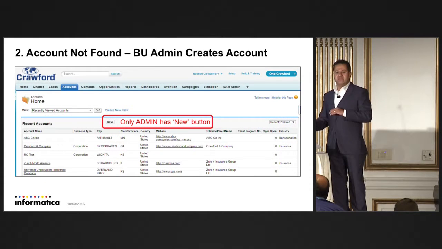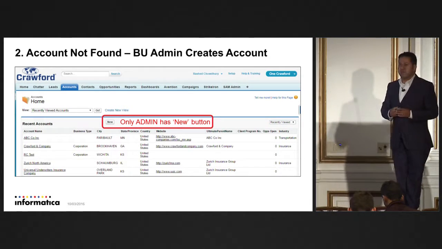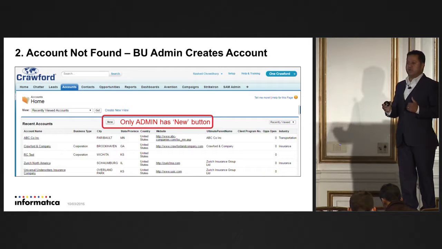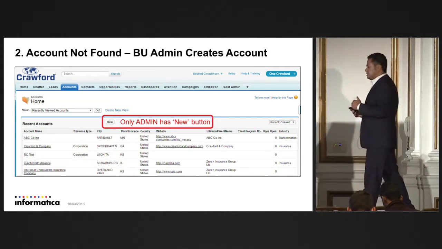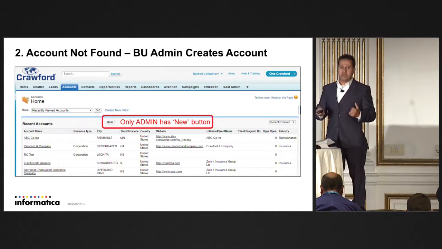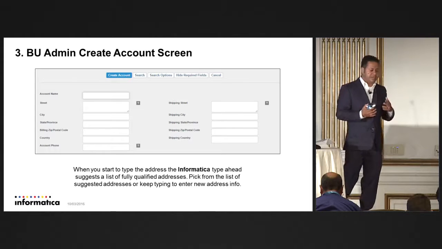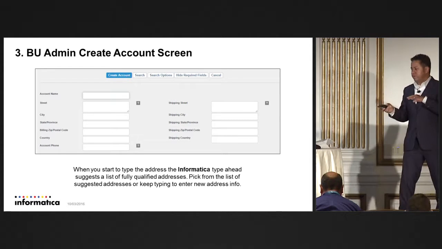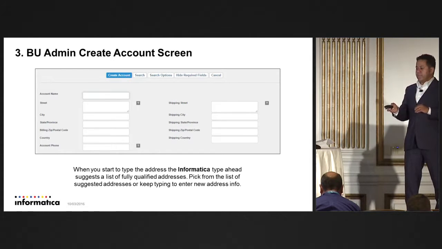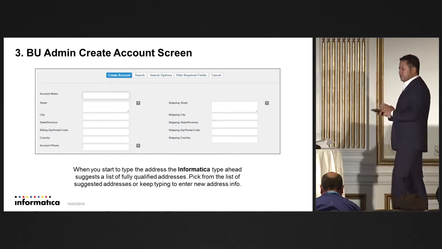What happens if we can't find an account in Avvention? Only admin, and when I say admin, we created a set of profiles across all segments at Crawford Company. So only business unit admins have access to create a brand new account. When they're presented with this account screen, it provides a guided kind of approach.